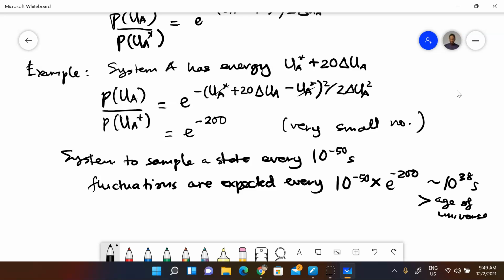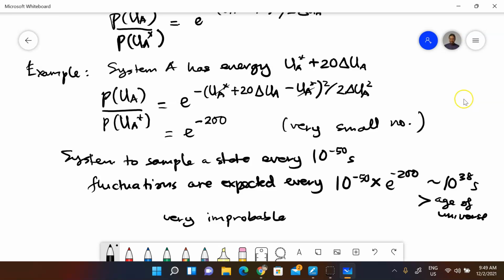So you can see that it's not impossible, but it's very improbable. To think of the system going into an equilibrium state and then returning back to some other state which is different from the equilibrium is very improbable in that sense.